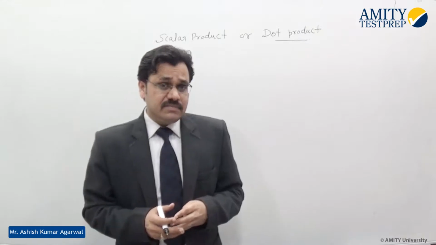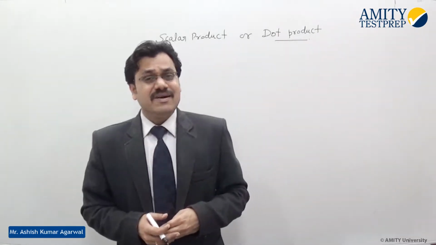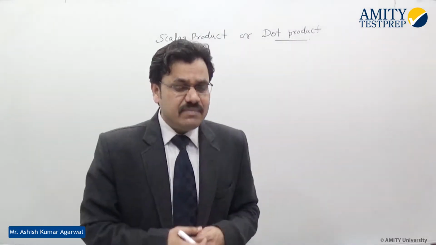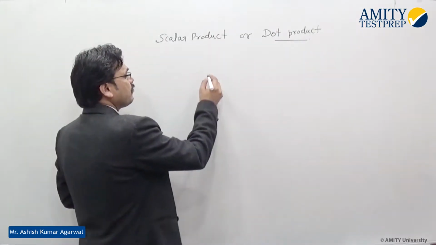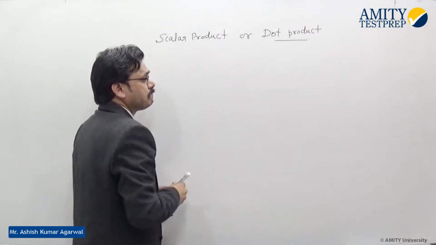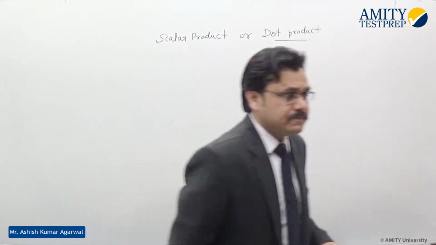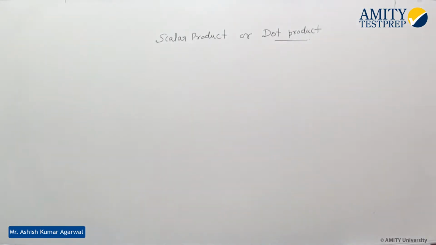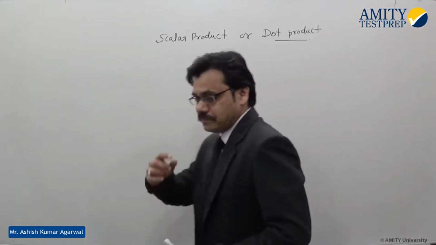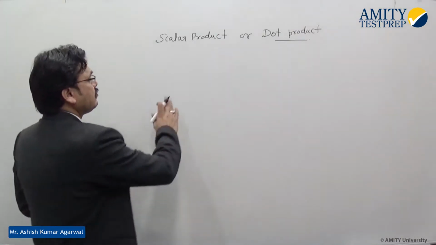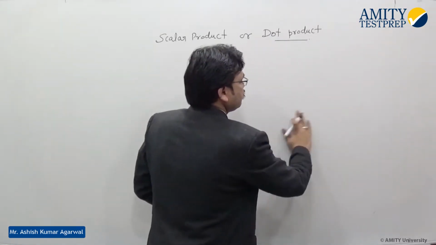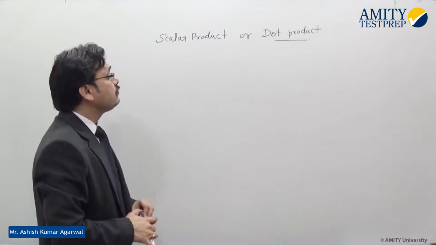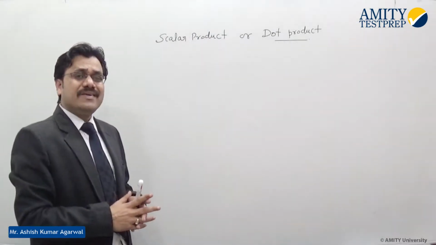So if a vector is given in terms of its component form, or I'm just getting the product of two unit vectors, now we will define how to get a dot product.